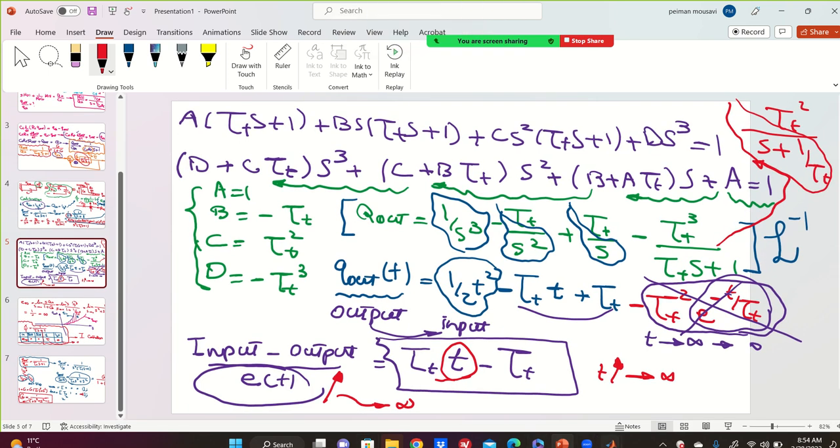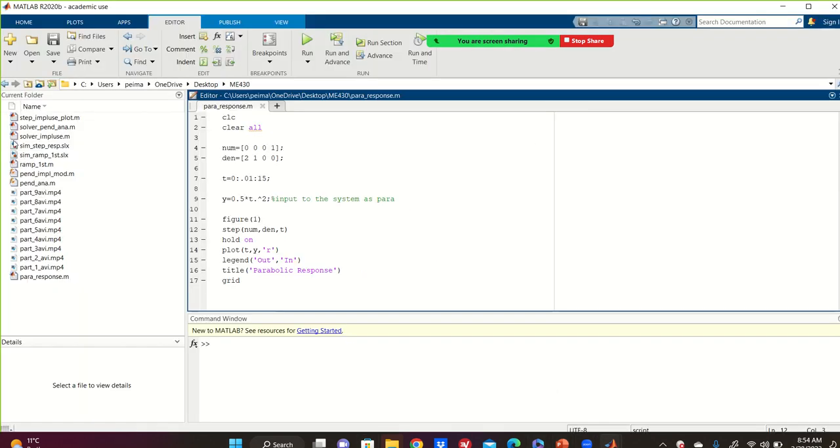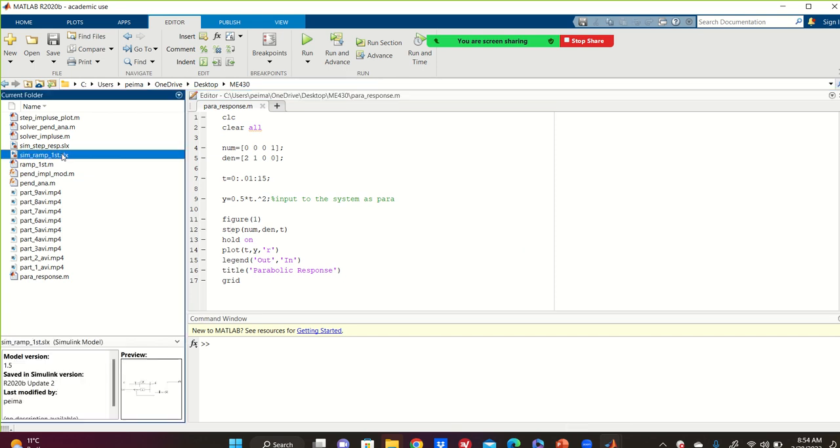So being said, I'm opening ramp. Let's wait until it comes up.